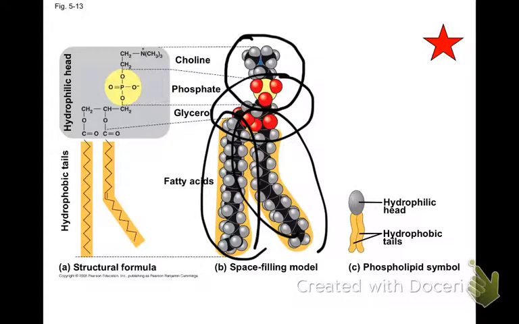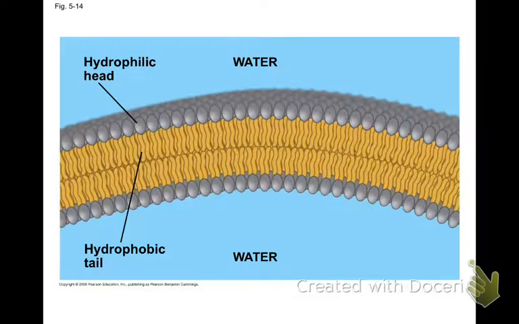So the most common representation is kind of like this. You have a hydrophilic head and 2 hydrophobic tails, and it is part of the cell membrane.